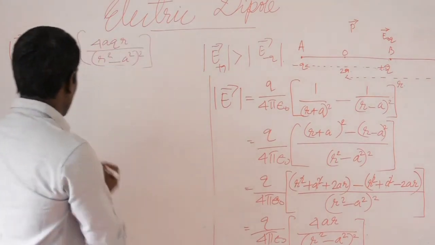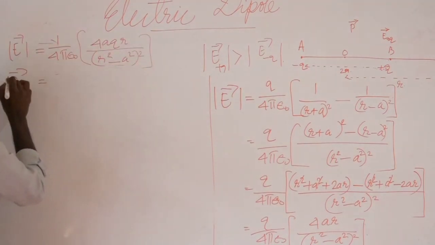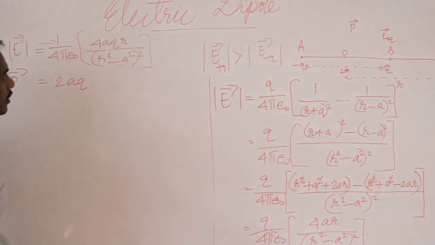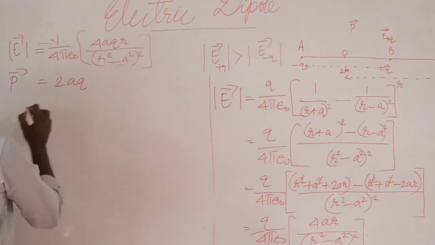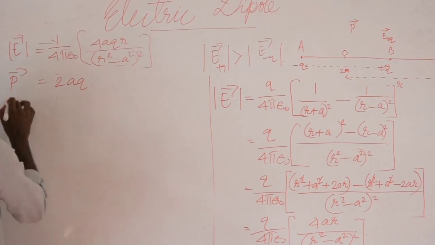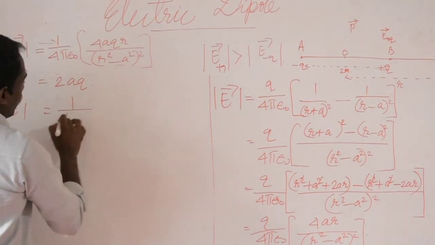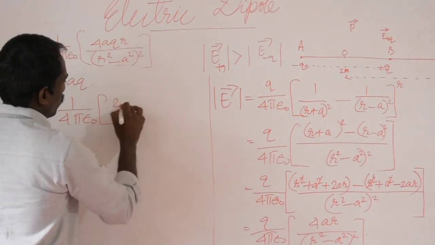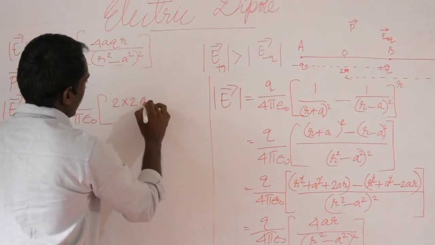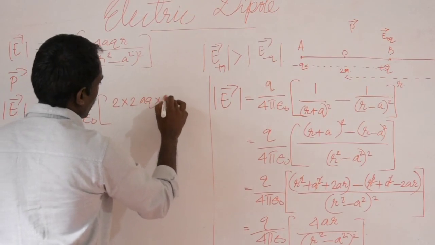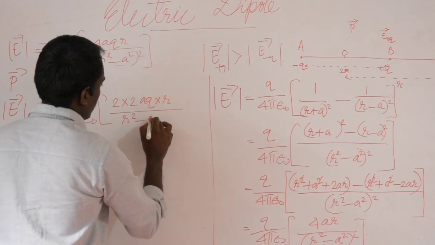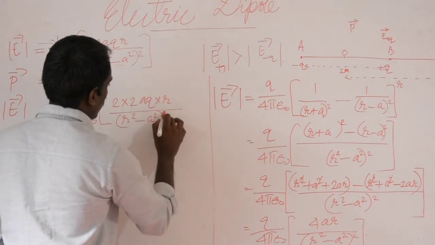The dipole moment P is equal to 2AQ. So if we write the same equation, E is equal to 1 by 4 pi epsilon 0 into 2 into 2AQ into R divided by (R square minus A square) whole square.